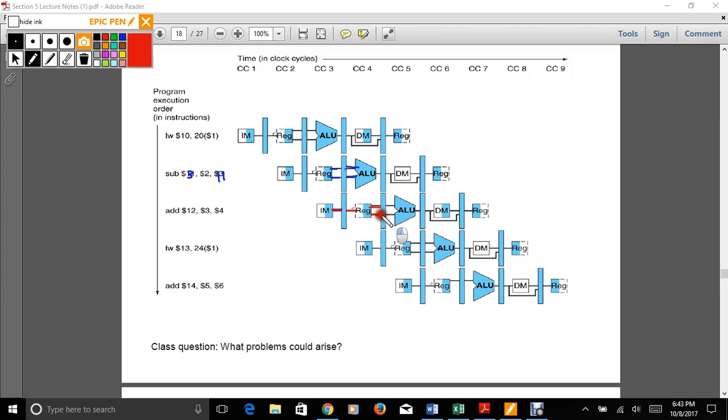Here, this register is 4. Now here's the problem. I'm going to calculate the result. So this is a new value of 3. And here we have the old value of 3. And this becomes a big problem.